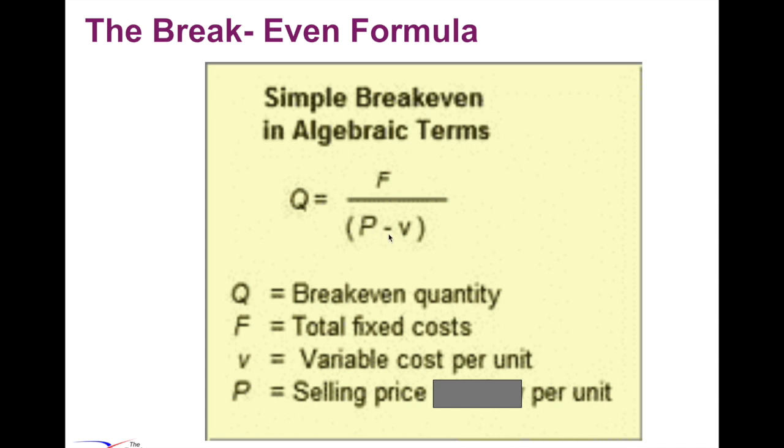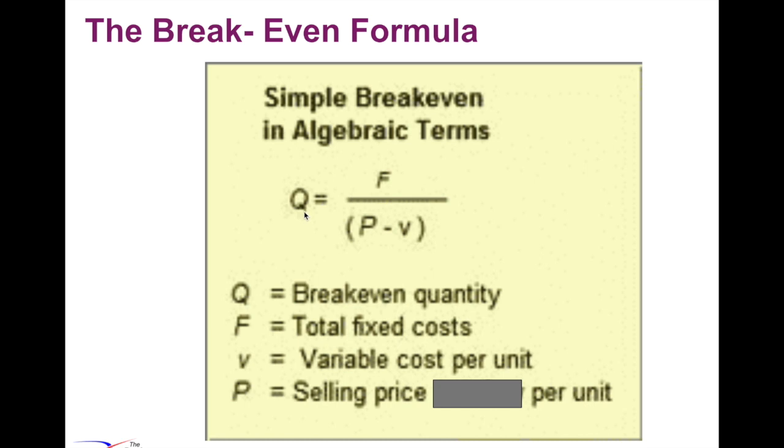So then P minus V is going to be equal to 2 instead of 1. And so 10 divided by 2 is equal to 5. So by doubling your price, you're doubling the difference here as well, which means your break-even quantity is going to be halved. So the bigger this number down here, the smaller your break-even quantity is going to be.